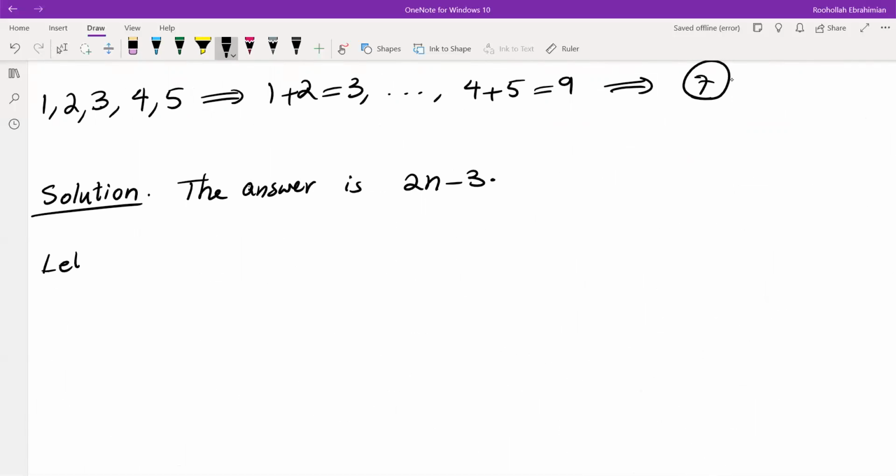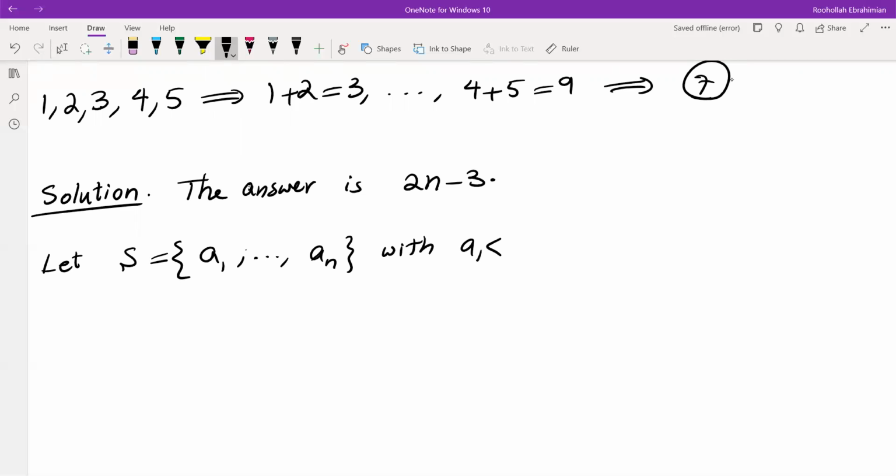So let S be a set. We always have 2 things to show if you want to find the maximum or minimum. First, all of the sizes of A sub S are at least 2n minus 3. And second, we have an example where 2n minus 3 is obtained.